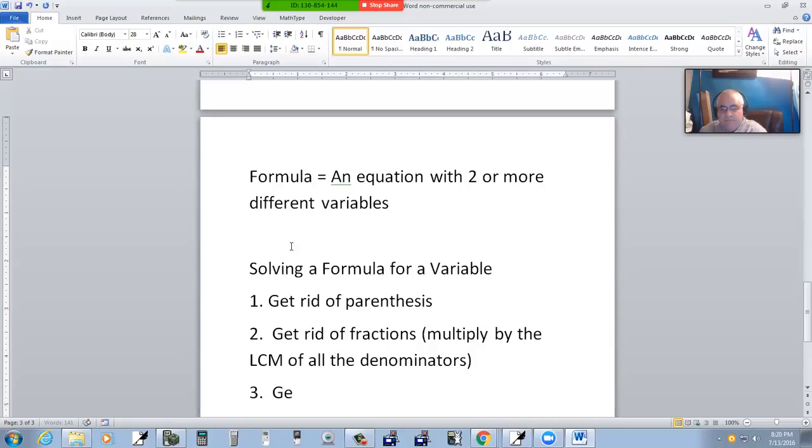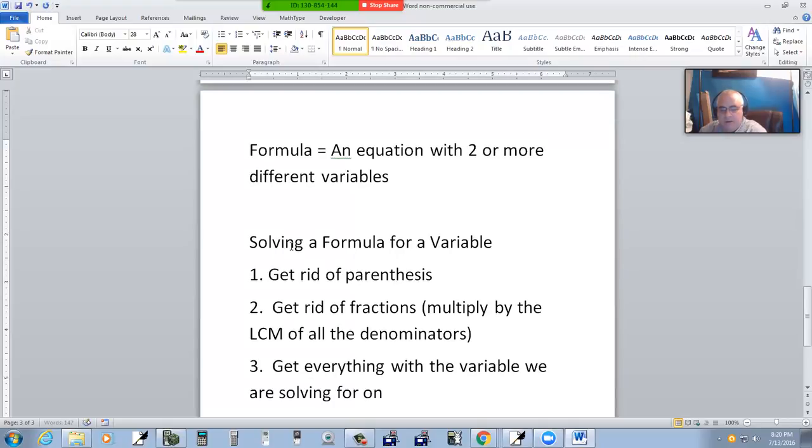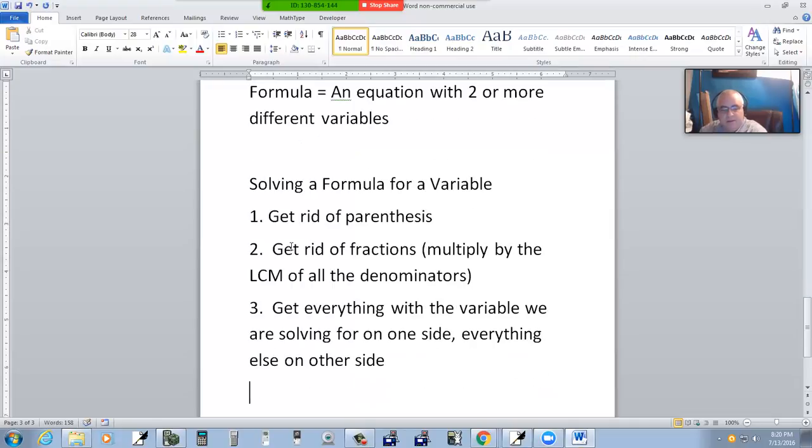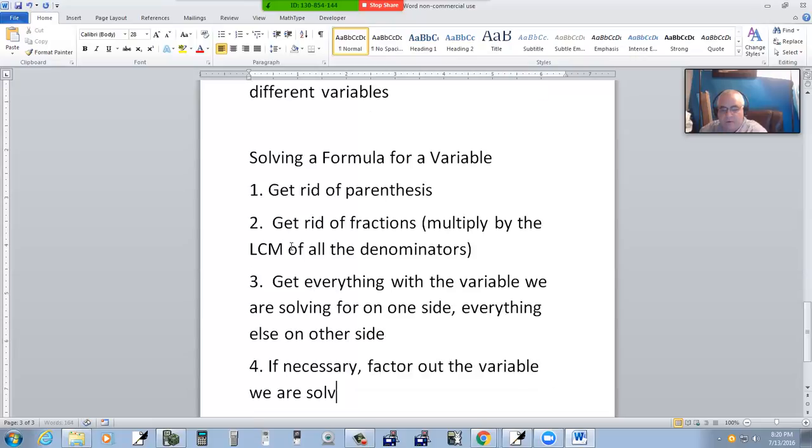Step 3, get everything with the variable we are solving for on one side, everything else on the other side. Step 4, if necessary, factor out the variable we are solving for.